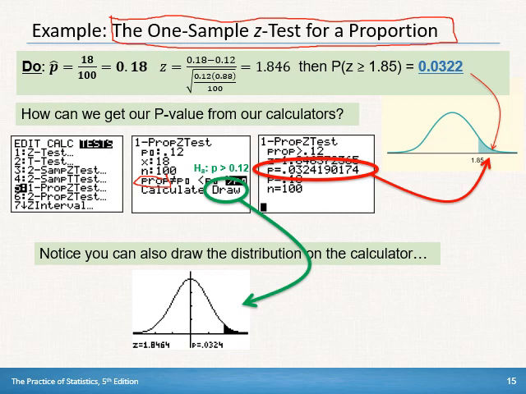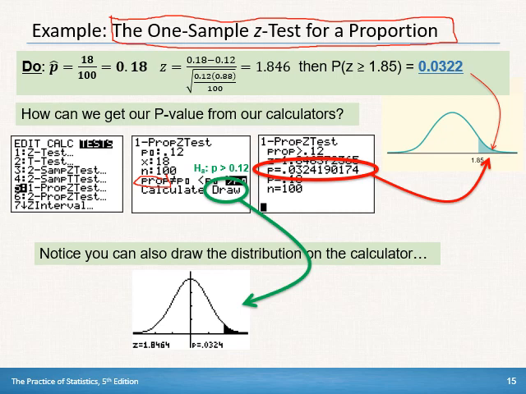Be careful, because it also gives us a p hat. We don't want that. If we're using our calculators, great, more power to you, but you still have to give me the z statistic, the p-value, and a normal curve with shading. Those three things still have to be in your do.